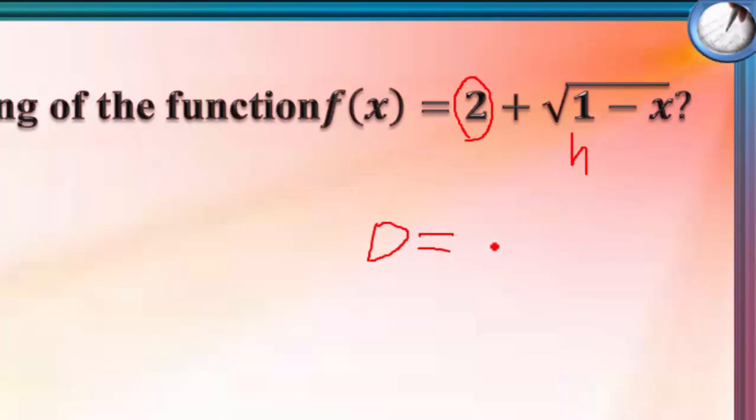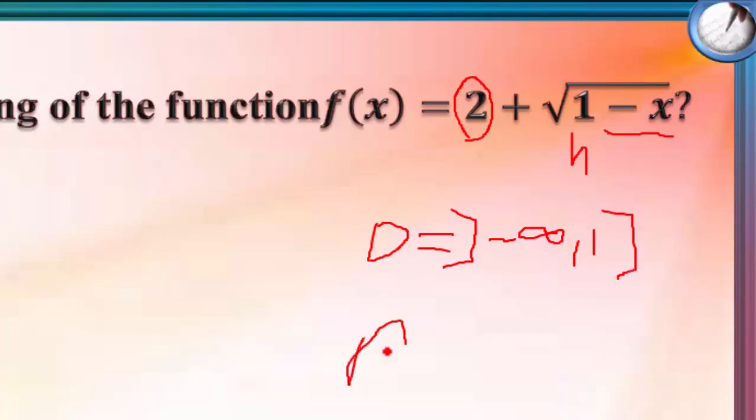Because we have the sign of x negative, the domain starts from negative infinity to h, which is equal to 1.